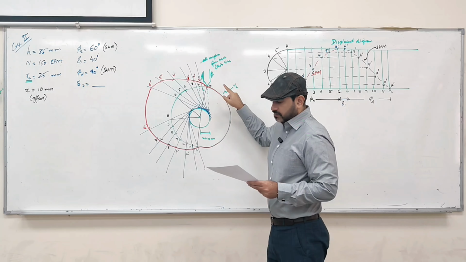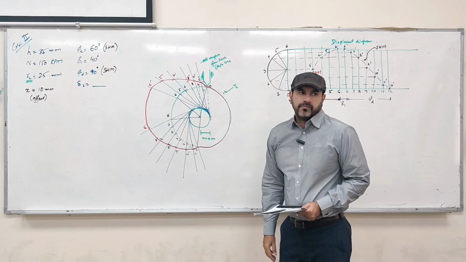Then we go here, take the reference from here, 1 to 1, 2 to 2, 3 to 3. Once we got this, we transfer all the distances here, and you get 1 prime, 2 prime, 3 prime, 4, 5, 6 prime.